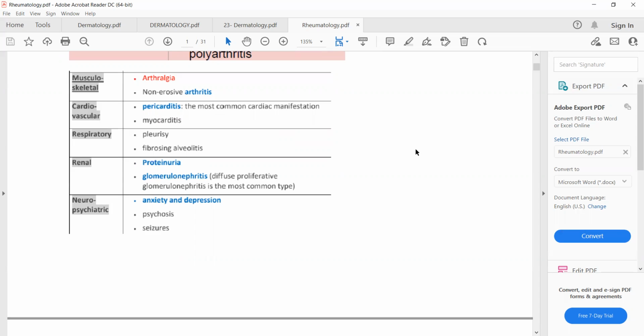So in the heart, it can cause pericarditis. It is the most common cardiac manifestation, myocarditis, and even endocarditis. So all the three layers of the heart can be affected. In the respiratory system, it can cause fibrosing alveolitis and pleurisy or pleural effusion.